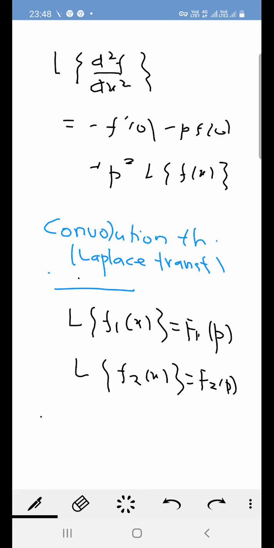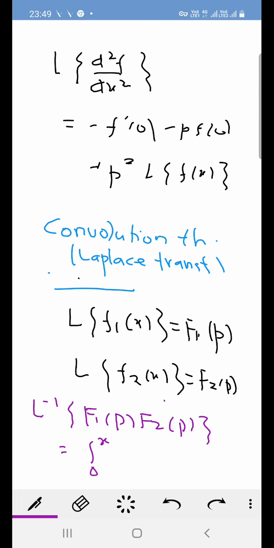If this is the case, then the convolution theorem states that the inverse Laplace transform of F1p into F2p is equal to the integral from zero to x of f1 of x minus t into f2 of t.